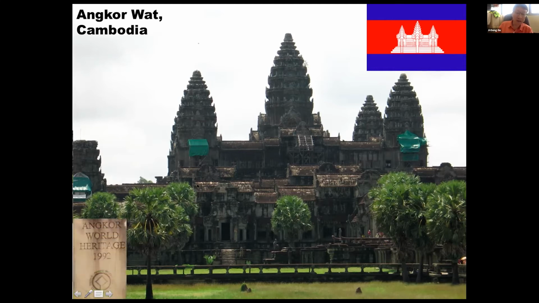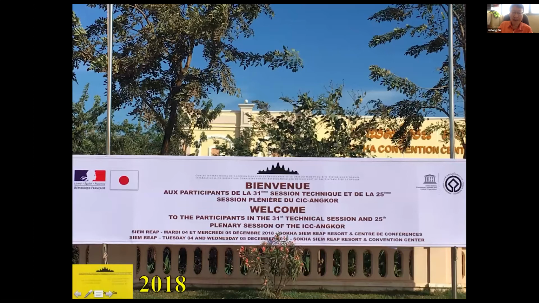This particular cultural heritage has been listed as World Cultural Heritage. That listing has about 18 years of history, which is not that long. Two years ago, we had a celebration of the 25th year of the listing of this Cambodian site, held in Angkor Wat in Cambodia.